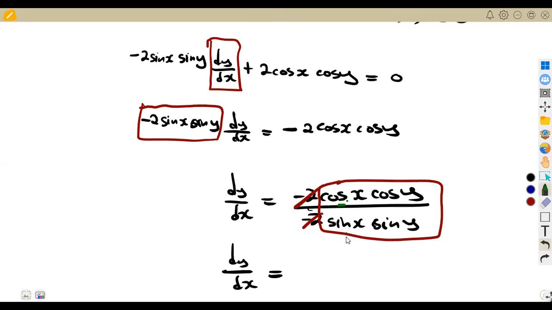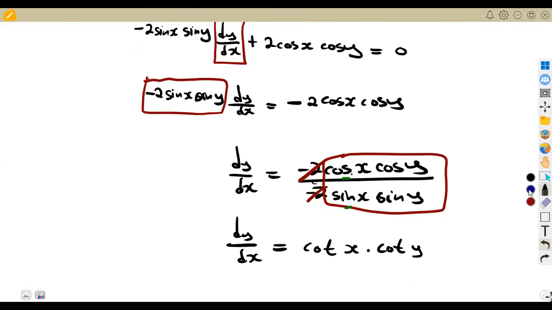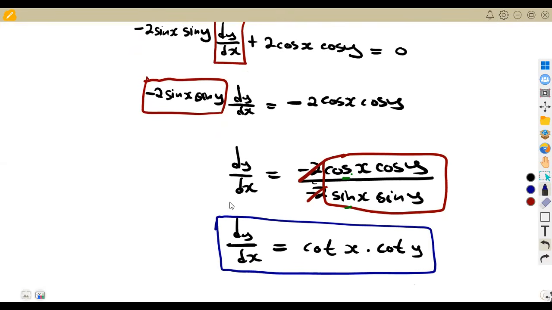So cos x over sine x is going to give us cot x, and cos y over sine y is going to give us cot of y in this case. All right. So we can leave our answer in exact form as this. So that is the derivative of y with respect to x.